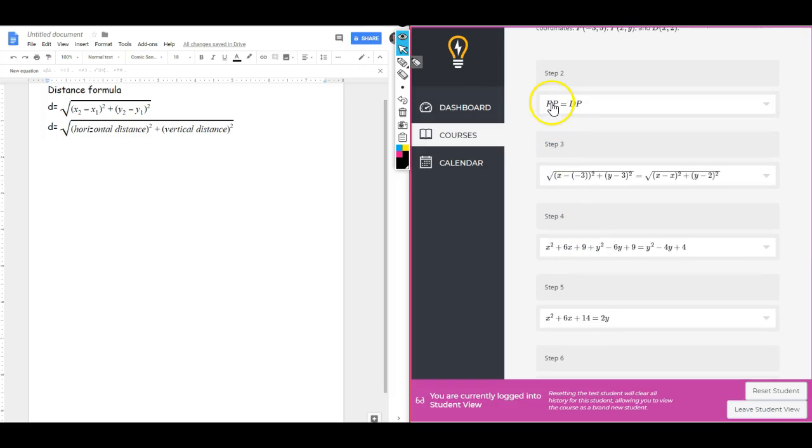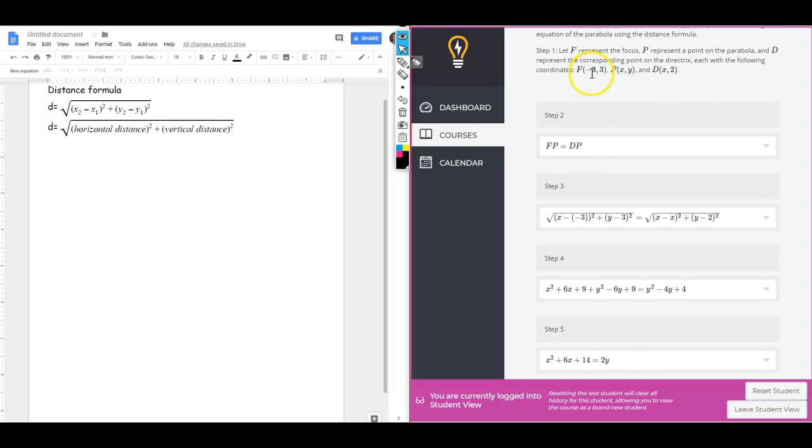Step 3, how did they find this? Well, they used the distance formula for the coordinates with F and P up here, and the distance formula again was x2 minus x1. So F was x1, and P is x2, so they just substituted these in, and they substituted likewise for the y coordinates.